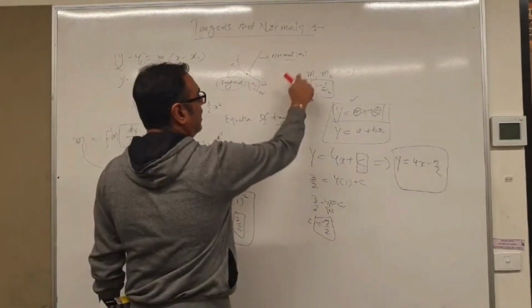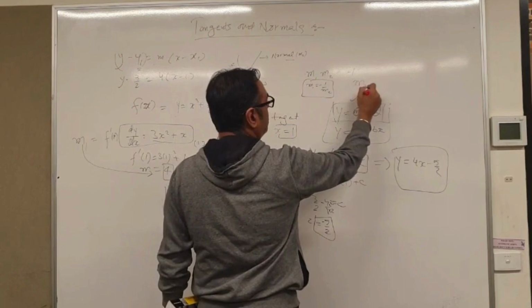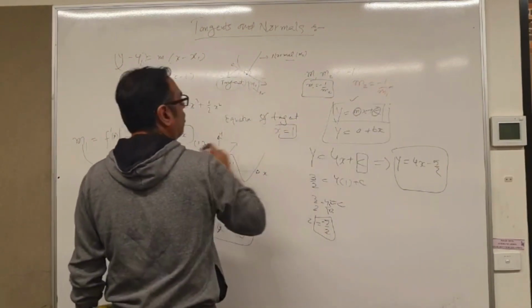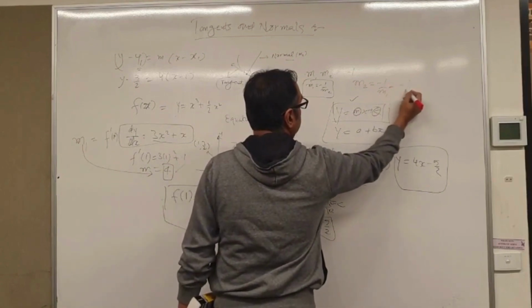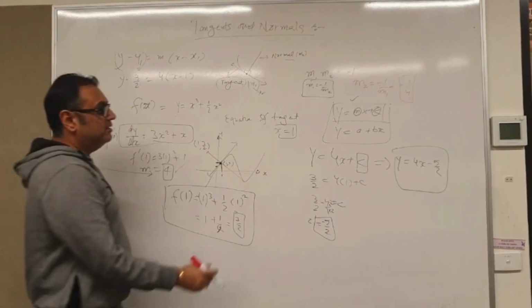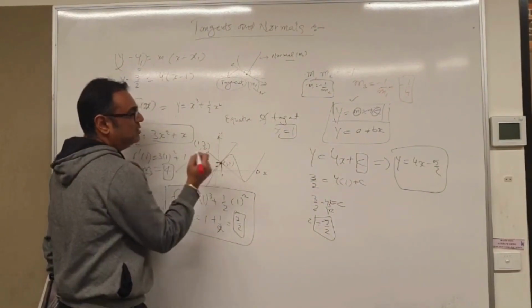So from here, can I not find m2? m2 is negative 1 over m1, and m1 is 4, so m2 is negative 1 over 4. And this normal, Ryan, is also passing through the same point.